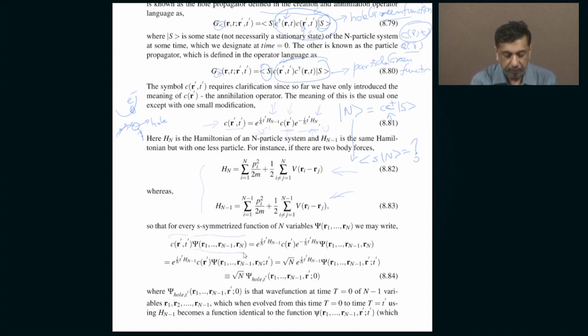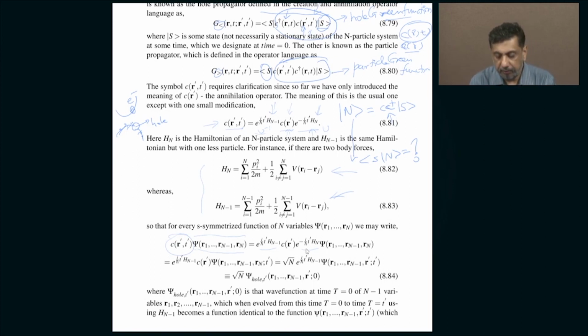Suppose you have a wave function with n particles, then you act on this wave function with an annihilation operator. That annihilation operator, which has been evolved to a time t dash, is clearly determined by the unitary time evolution with n particles, and then its inverse with one fewer particle, because there is an annihilation in between.